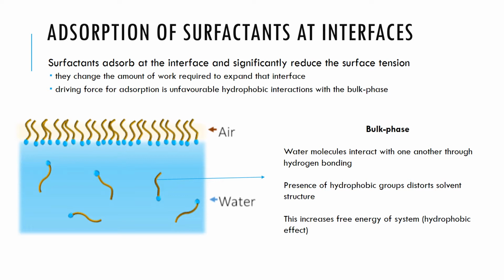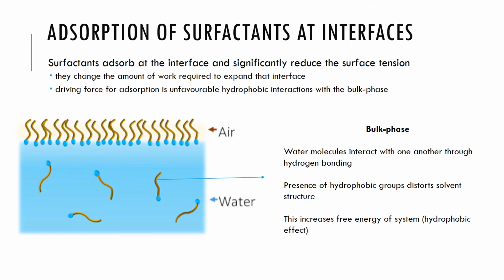When they're present on the surface of the water here, that is a favorable process, because the head groups, which we said last time are hydrophilic and are often charged species, are perfectly happy to reside in the bulk water phase.